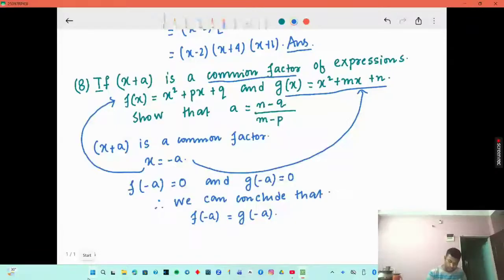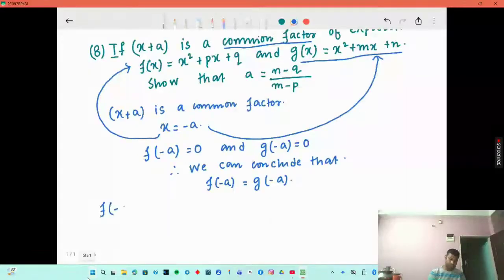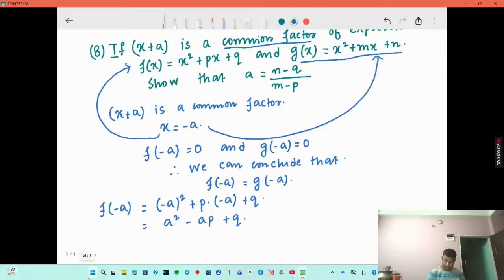So now by putting the value minus a in both equations, we get f(-a) is equal to (-a) squared plus p into (-a) plus q, which is a squared minus ap plus q. Okay, we will find the value of a. Oh no, we will not find the value of a.